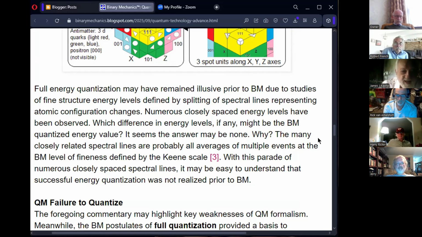Why? The many closely related spectral lines are probably all averages of multiple events, perhaps even millions, at the BM level of fineness defined by the Keene scale. With this parade of numerous closely spaced spectral lines, it may be easy for us to understand that successful energy quantization was not realized prior to binary mechanics.